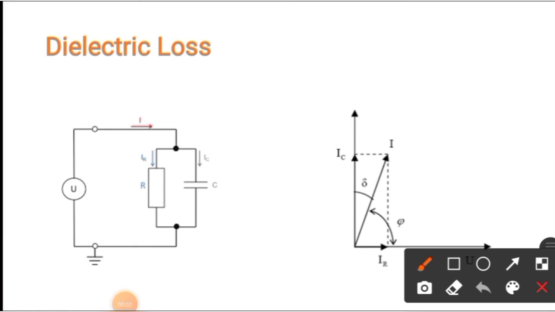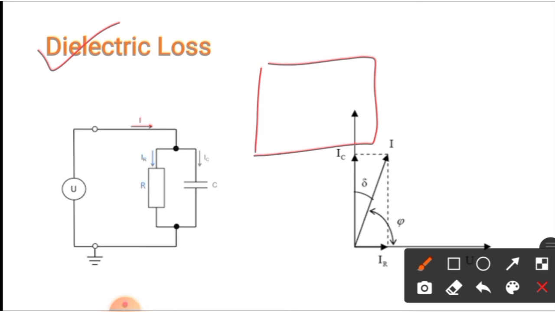Next point is dielectric loss. Firstly, we will see how dielectric loss occurs in material. We have studied non-polar dielectric material. In non-polar dielectric material, net dipole moment is 0. Consider this is non-polar dielectric material, and we are going to apply voltage across the dielectric material. After some time, we are going to increase the voltage nearer to the breakdown voltage.